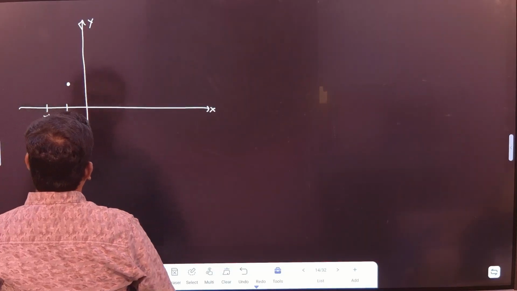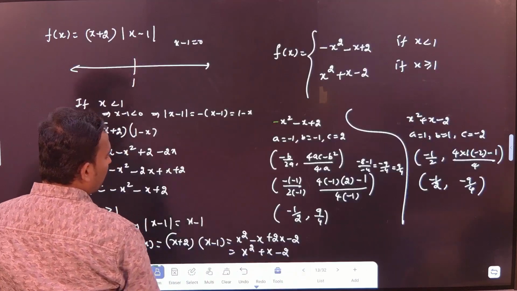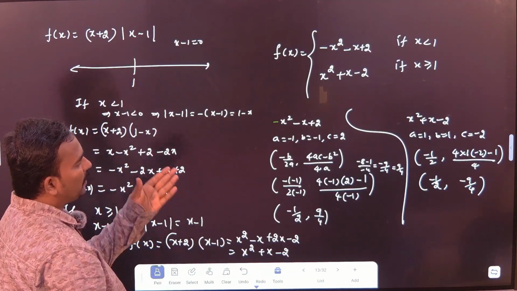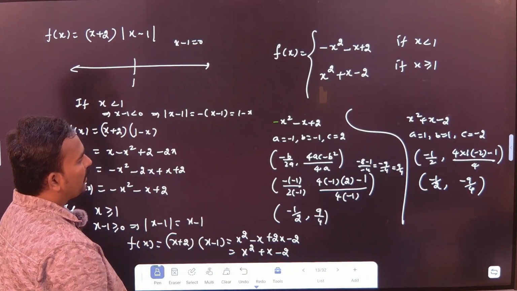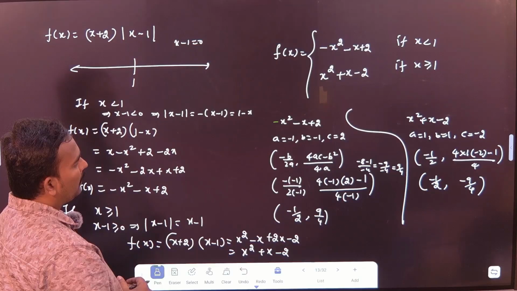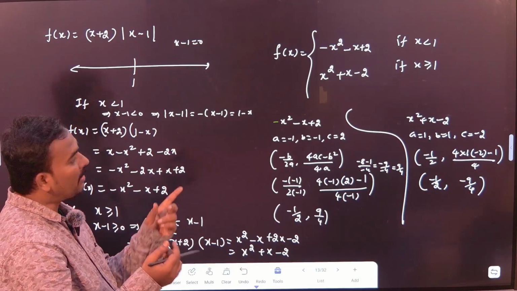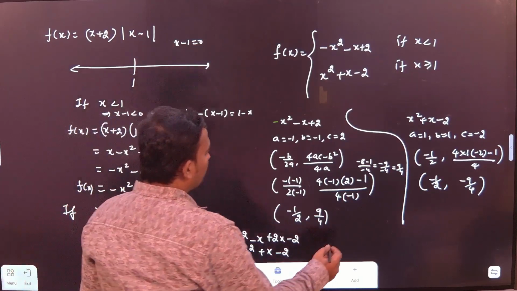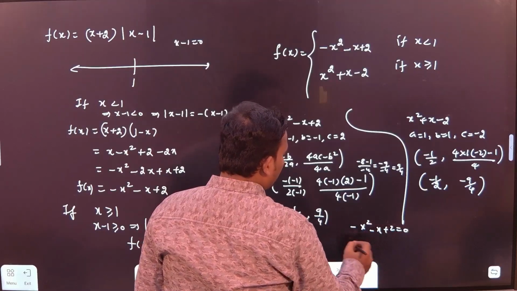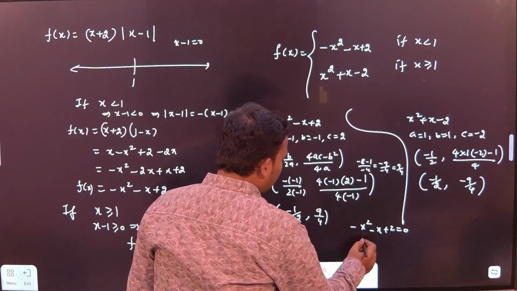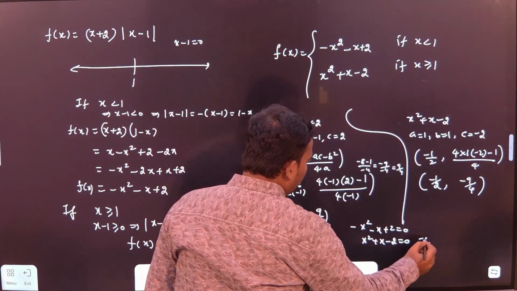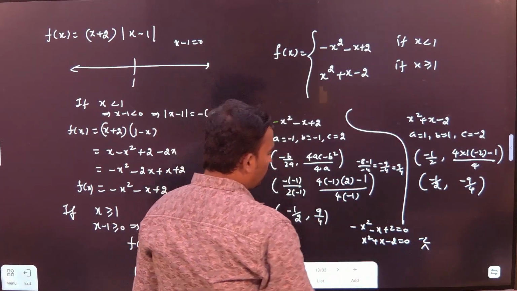Okay. Fine. First, you can see any roots is possible here. For x less than 1, if you equate to 0, where this graph is intersecting here, less than 1, you have to equate it to 0. So, minus x square minus x plus 2 equal to 0. Multiply by minus 1: x square plus x minus 2 equal to 0. The product is minus 2, the sum is 1.